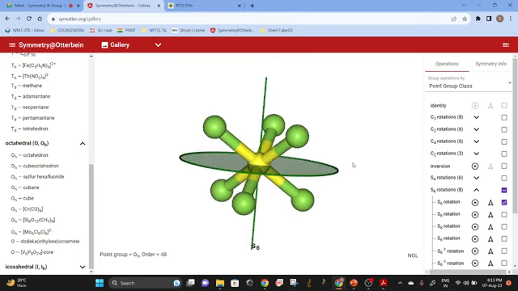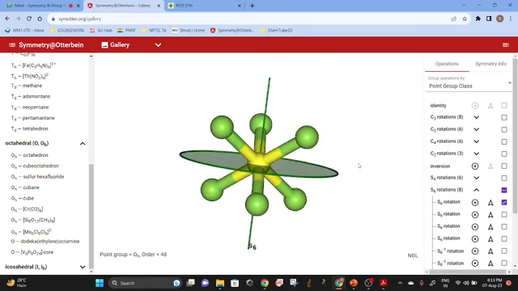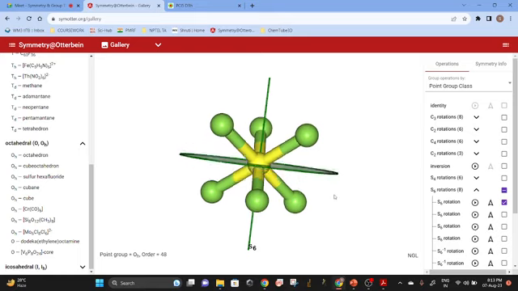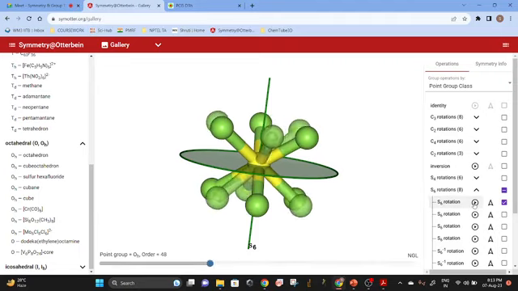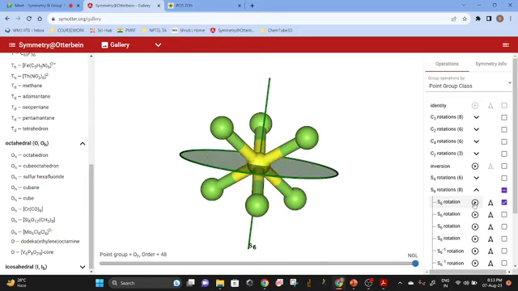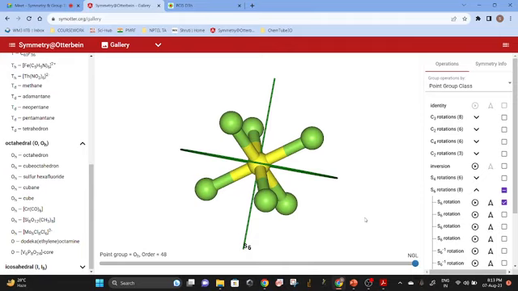So as I told you, draw 2 triangles, one with the apex facing up and the other facing down, and pass a C6 axis from the center and then do the reflection. Okay, so that's how there is S6.